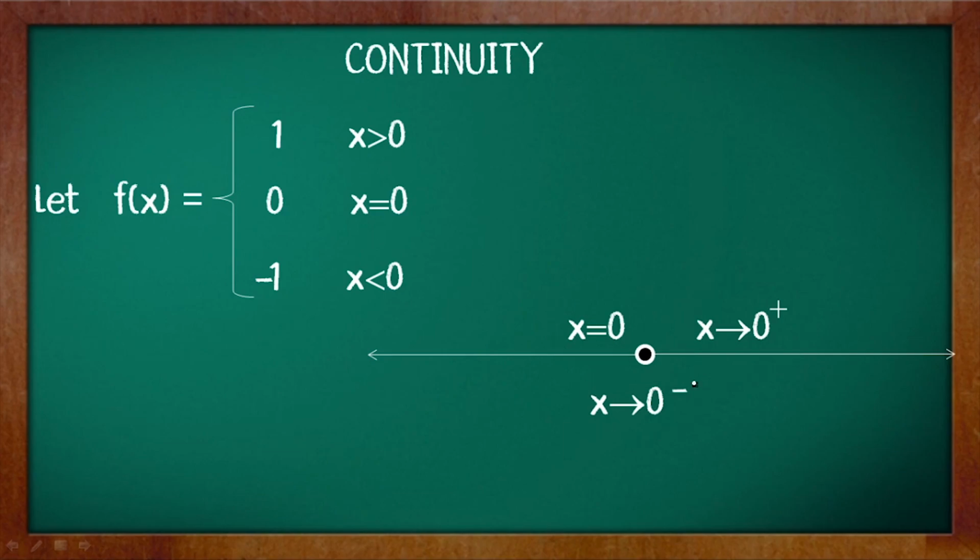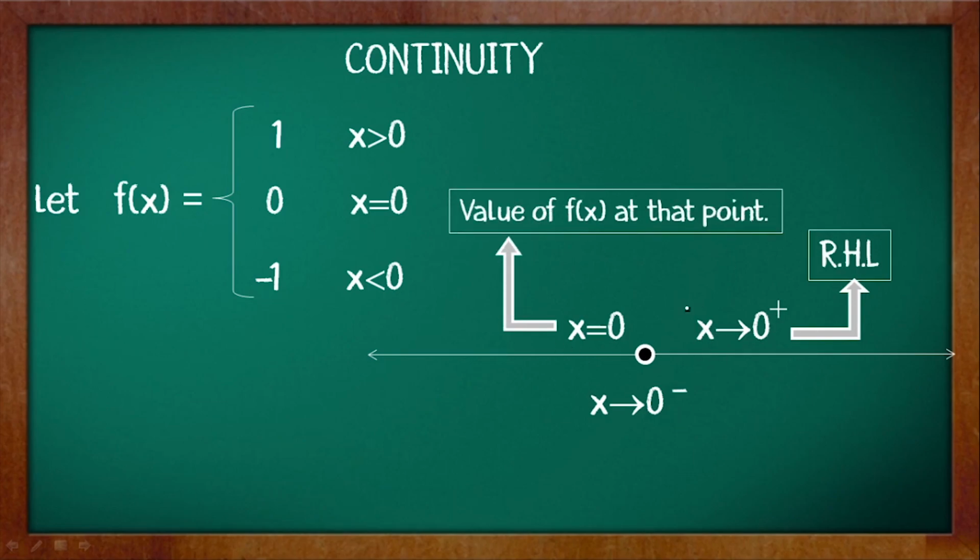So what are the values that I'm talking about? I'm talking about values like the right hand limit, the value of f(x) as x tends to 0 plus, the value of f(x) at that point x equals 0, and the value of f(x) at x tends to 0 minus, which is the left hand limit. That means if I can solve and find out the left hand limit, the right hand limit, and the value of f(x) at that point, and if all of these values are equal, then we can say the function is continuous.